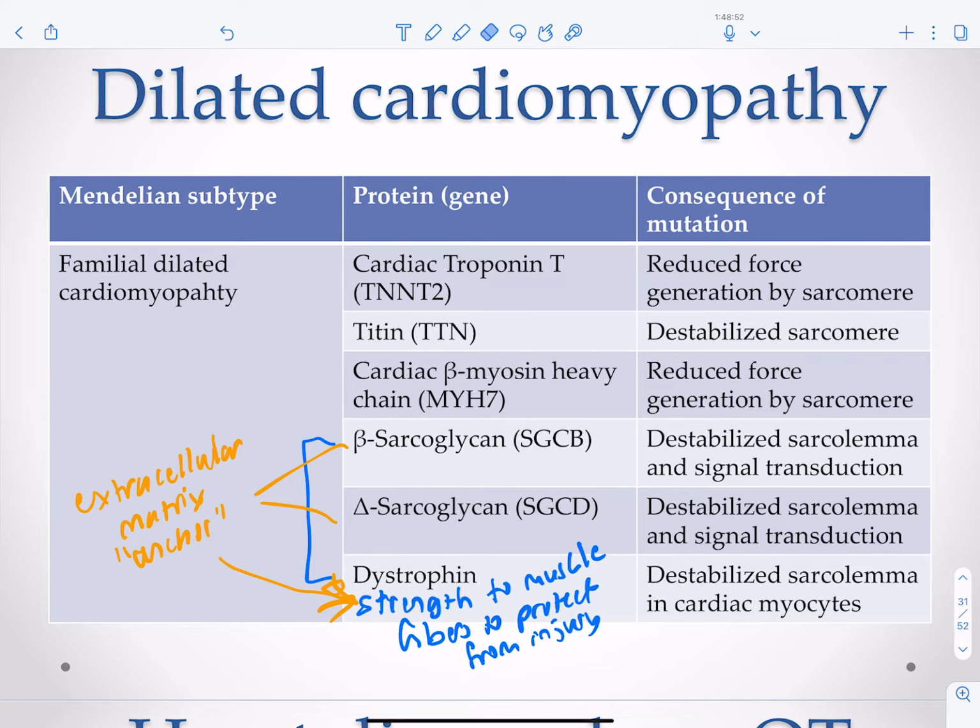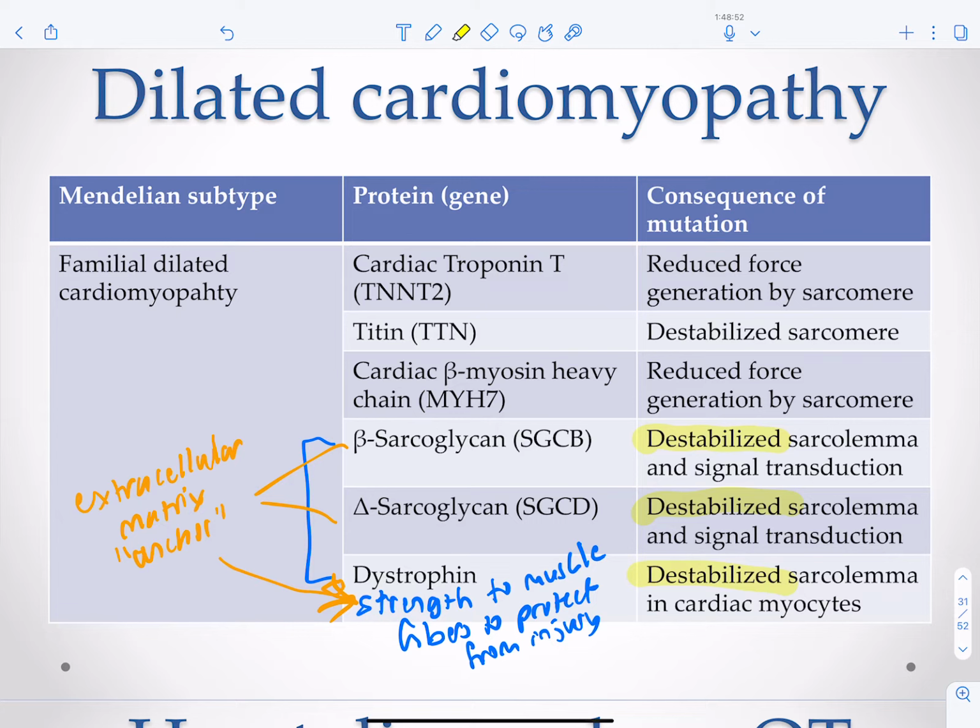And so you have your extracellular matrix, which is very important in giving strength to the muscle. These are proteins that are involved in interacting with the extracellular matrix. You can see here that they are all involved in stabilization, because mutations in them lead to destabilizing the contraction unit in your cardiac muscles.